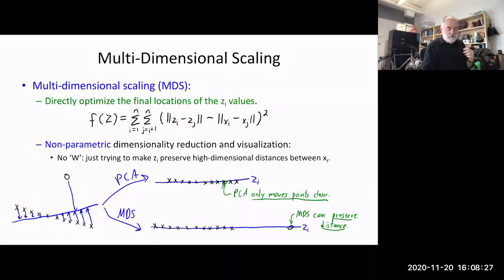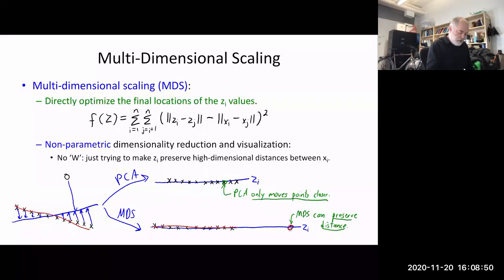MDS, on the other hand, ideally can preserve distances. In other words, if you look at the average distances between these two points in this new one-dimensional representation of the two-dimensional data on the left, these average distances are all pretty good.